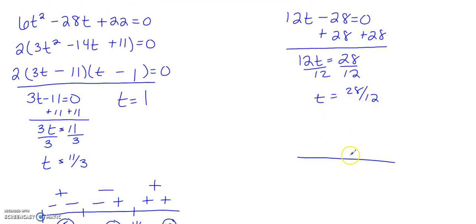Okay, we've got to make a number line. So 28 over 12. And again, we need to cap this off here at 0. So I'm going to check out 1, and I'm going to use 10 as well. If I plug 1 in here, 12 times 1 is 12 minus 28, which is some negative value. Plug 10 in, I get 120 minus 28, some positive value.